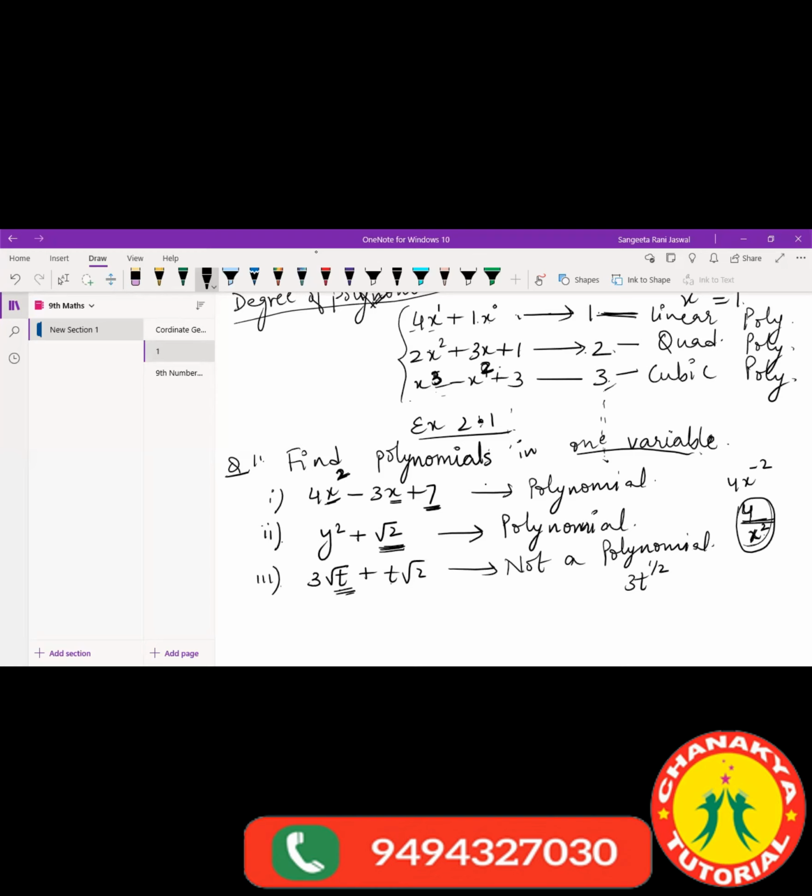Ma'am, I have a small doubt. Why won't variables with negative power come under polynomials? बेटे, जैसे जैसे अभी आप आगे करोगे ना, you will get to understand it. We'll do more examples and it will be clear to you. Polynomials की definition ही होती है, we take positive powers.